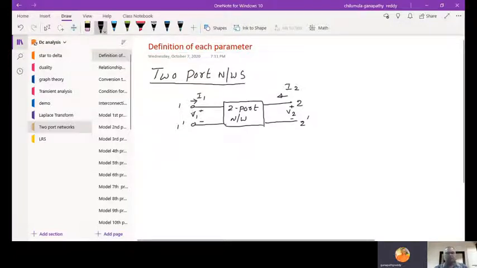Now, the relationship among all the parameters: V1, V2 in terms of I1, I2, or I1, I2 in terms of V1, V2, like that, different parameters are there. So we'll start with Z parameters.